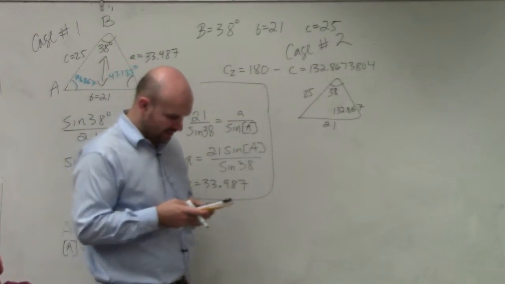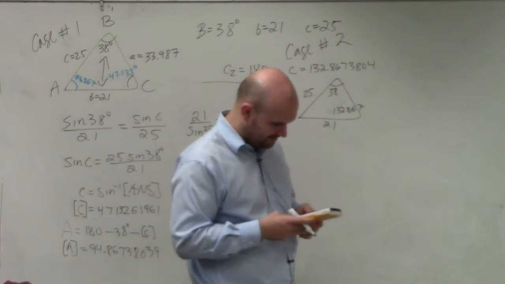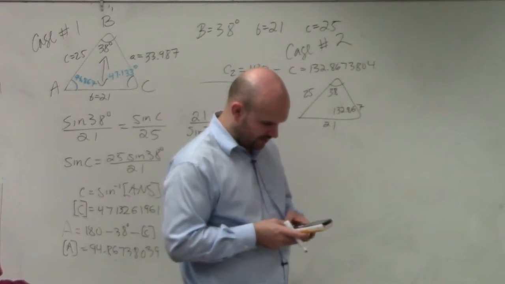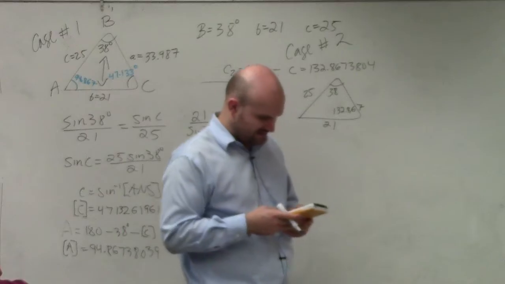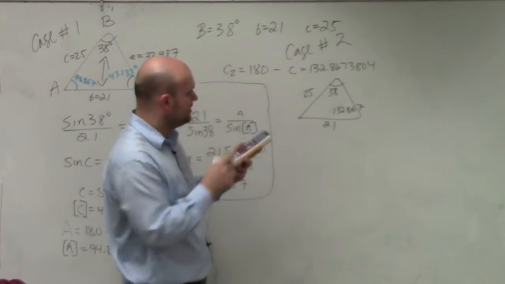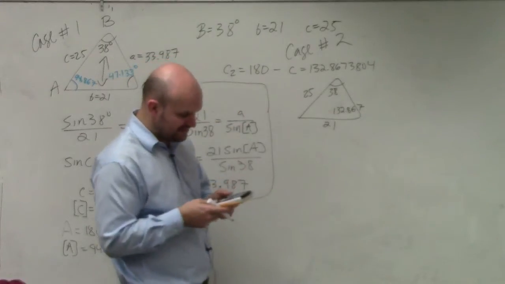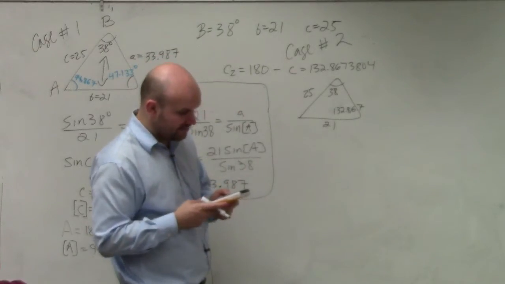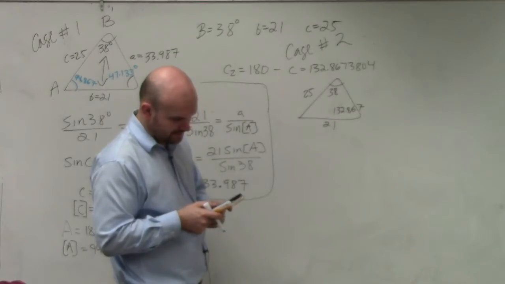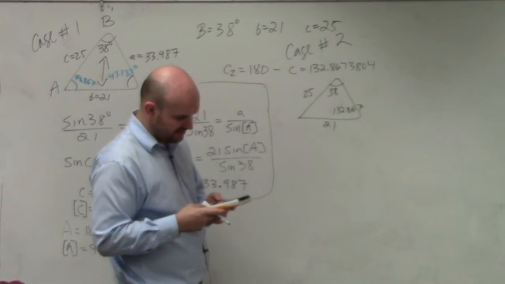So I'm going to do 180 minus C. So I do 180 minus alpha C. And that gives me 132. So that's going to be C2. But I'm going to store this as my new C. So I'll do store as alpha C. Shoot. Sorry, I didn't store that.